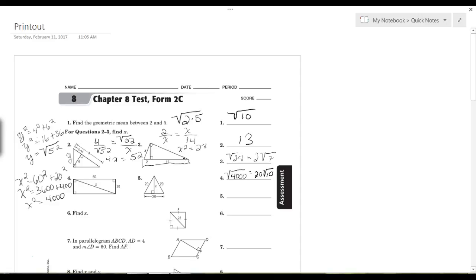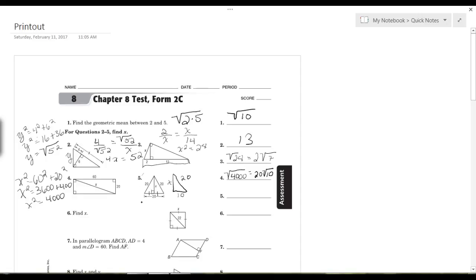Let's look at number 5. When I have an equilateral triangle and I bring down an altitude or a height for that triangle that forms a right angle with the bottom, I end up splitting this side into 2 equal sides. So now I just have 2 separate triangles that have x, a hypotenuse of 20, and a short side of 10. So once again, I can use the Pythagorean theorem.